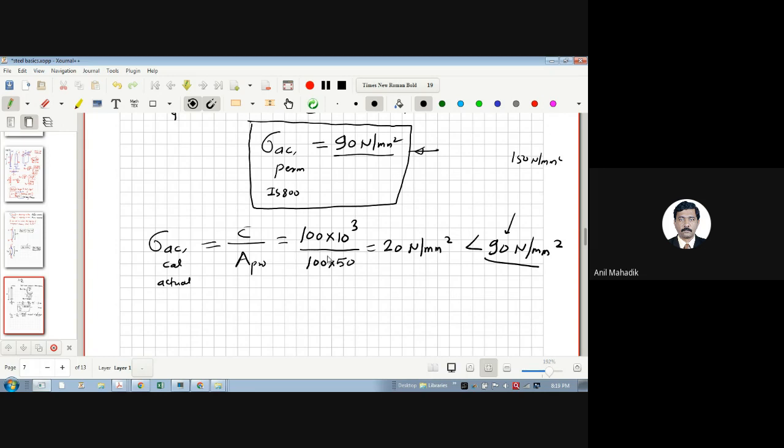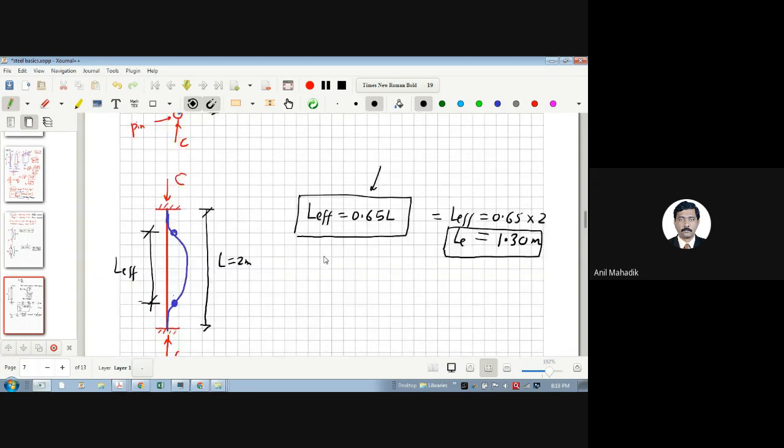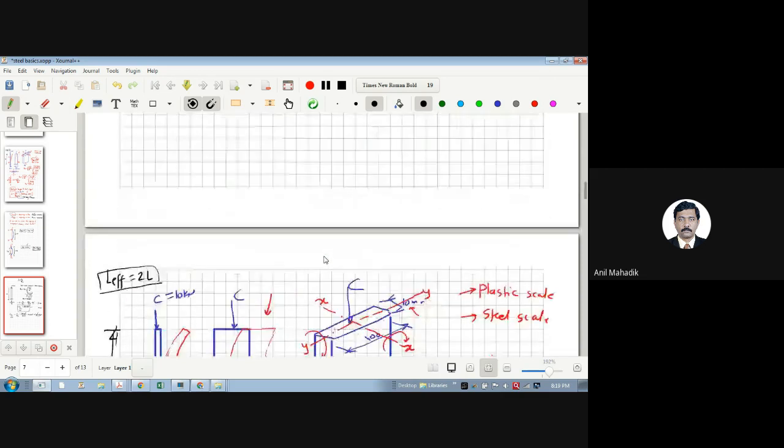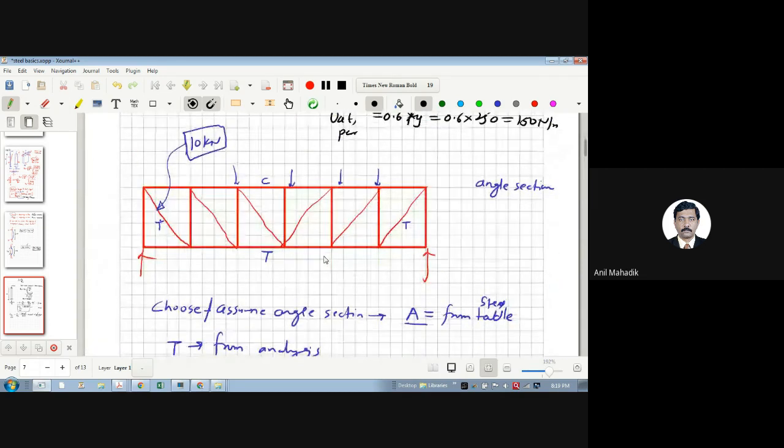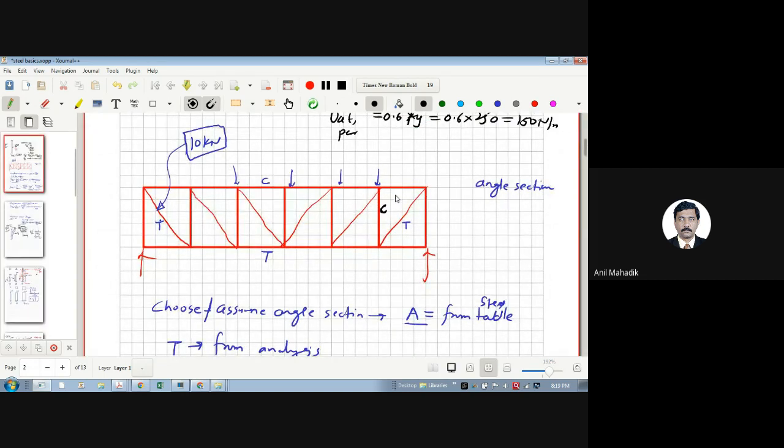Yes, sir. Now, I ask you one. Let's say we have a truss, and let's say this member is having a compression here. This compression value is, let's say, 20 kilonewton compression.